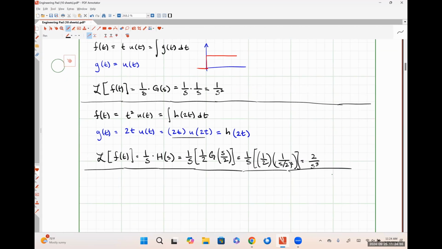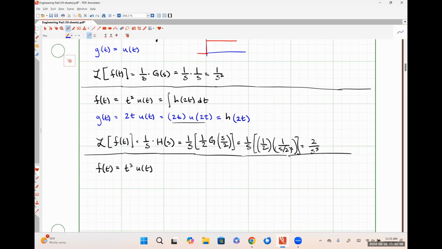So if we had some function f of t is equal to t cubed u of t, or some function g of t that is, let's see, so that would be 3t squared u of t. I could write that as 1/3 of 3t squared u of 3t, right?